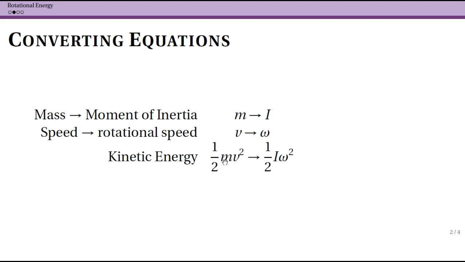So instead of having 1/2 mv squared, you have 1/2 I omega squared. So we did the derivation on the last slide that shows that this will be true. However, you can also kind of take your old equations and convert it. These new rotational equations are on the equation sheet, but it's also just helpful to get a feeling for it.